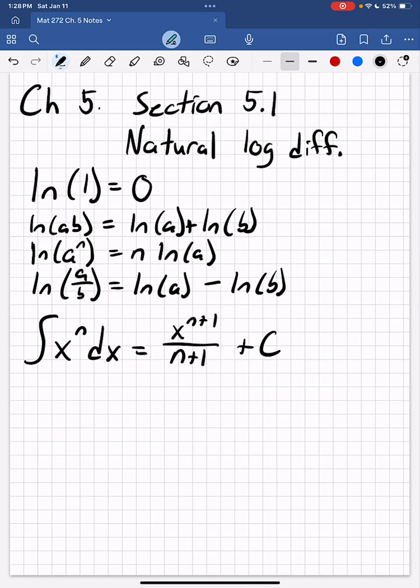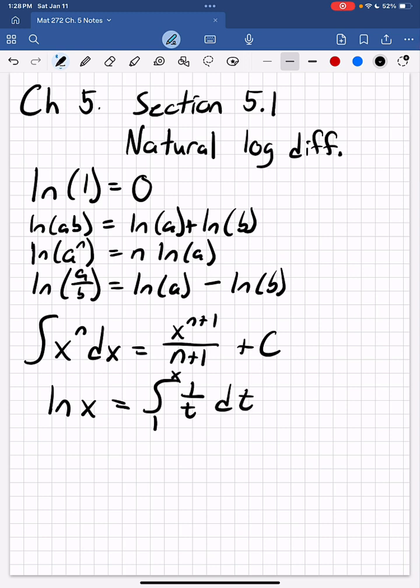As far as the natural log of x is equal to the integral from 1 to x of 1 over t dt. Okay, so what does this mean?